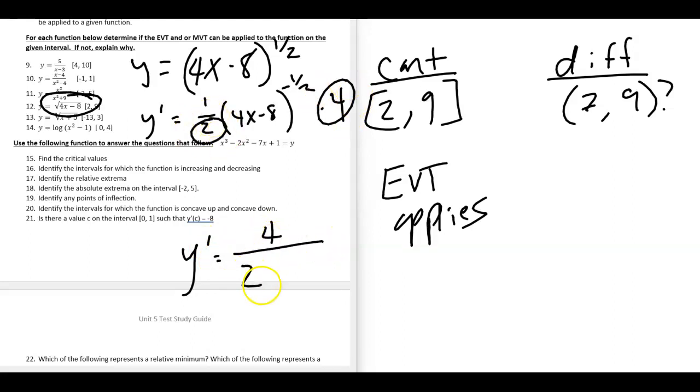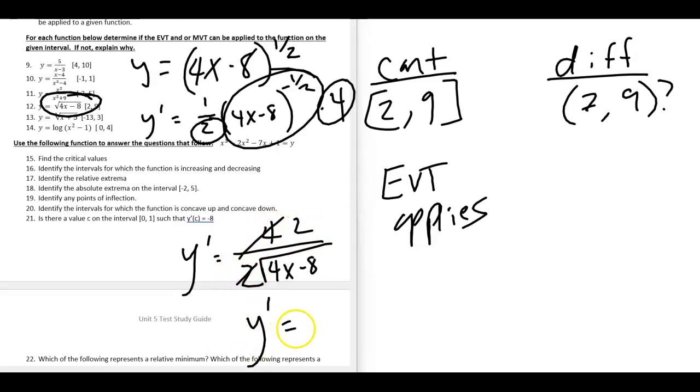This 2 here is in the denominator. And since this thing has a negative power on it, it's going to go to the denominator as well. And as you guys know, half powers are square roots. So there's my derivative. Now, if you want to go through the trouble of reducing it, you can. It's not really necessary for what we're working on right now, but there it is.